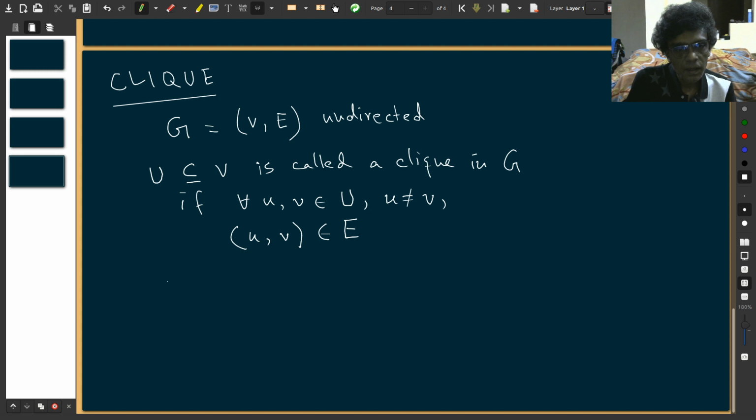Once again, in practice we deal with the maximum clique problem. That is, finding a vertex set as large as possible such that the complete graph induced on U resides inside G. Okay. So this is a maximization problem, but we consider this decision version. So the decision version is like this.